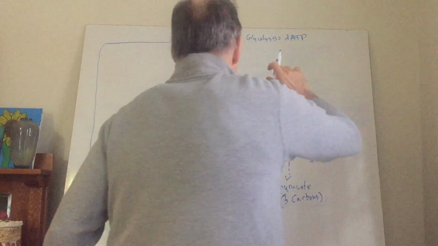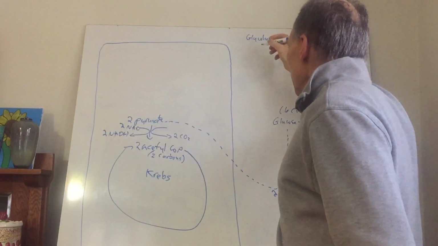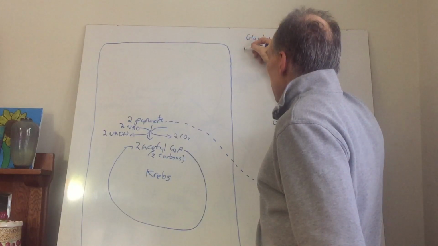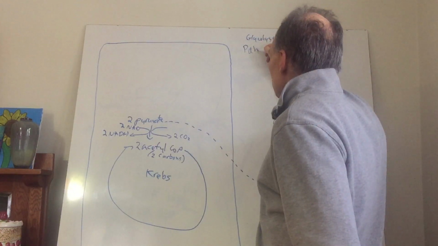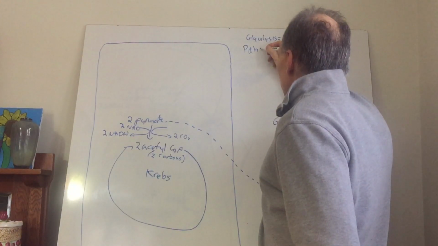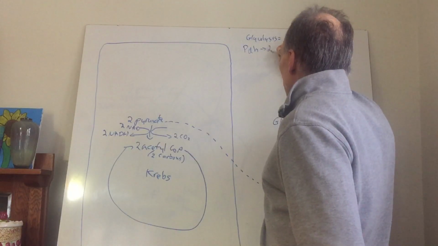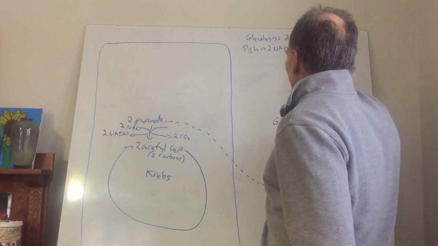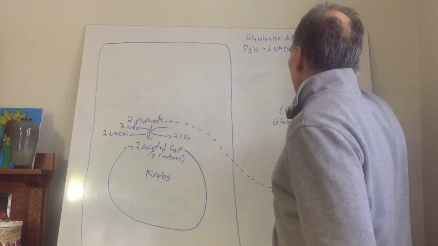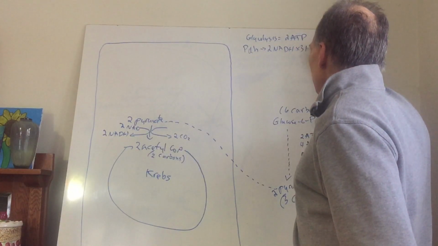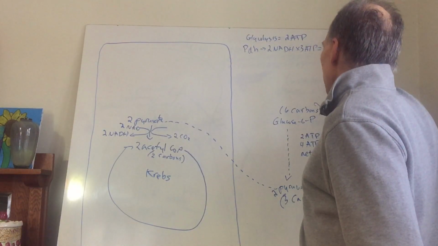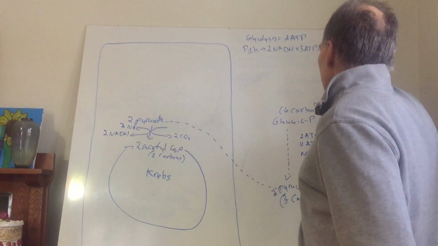When we go up here to add up our ATPs, from the pyruvate dehydrogenase reaction, you get 2 NADH. When those go to the electron transport chain, they produce 3 ATPs each. So from the pyruvate dehydrogenase reaction, we have 6 ATPs.